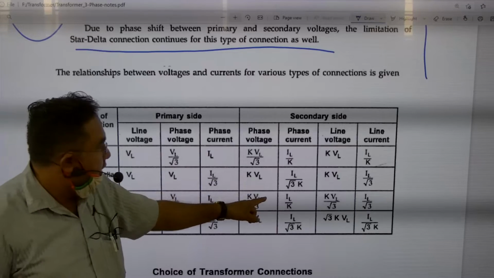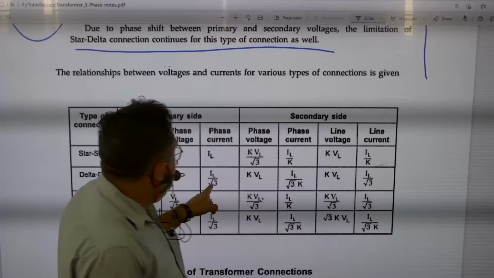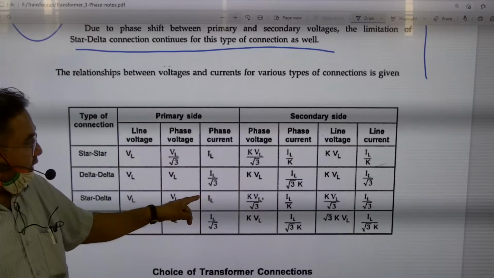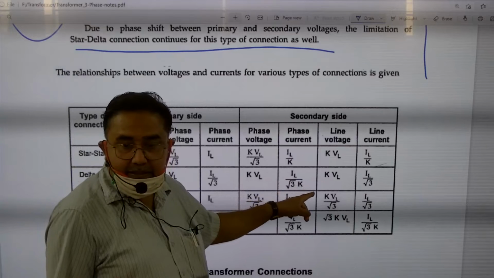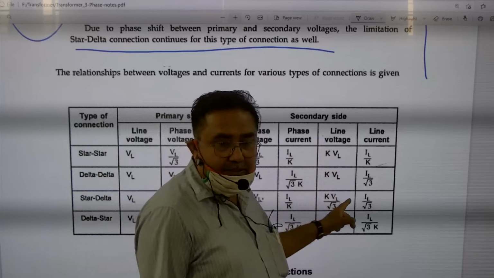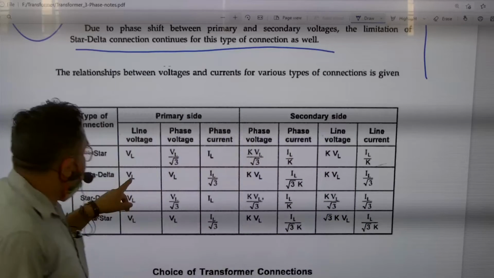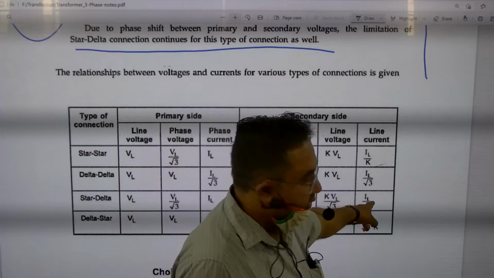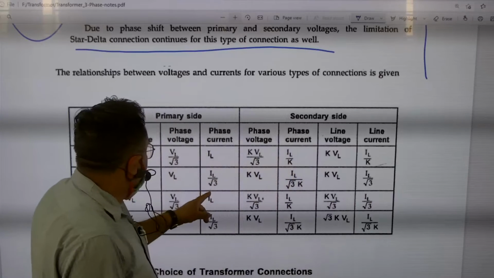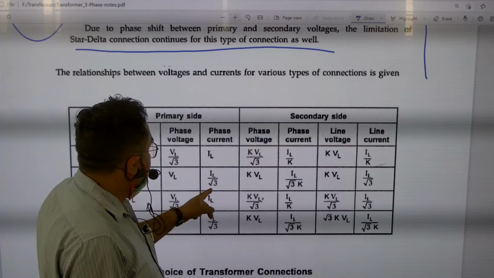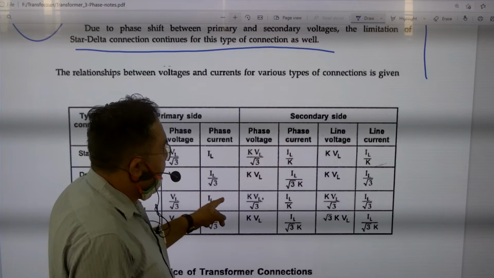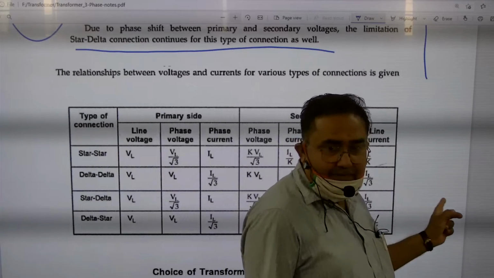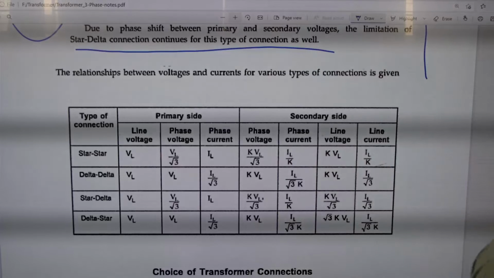K times VL. What about phase current? What is phase current here? IL upon root 3. Okay. What about the line voltage? What is line voltage here? What about the phase current? 1 upon root 3. Here also it will be the same. Clear or not?